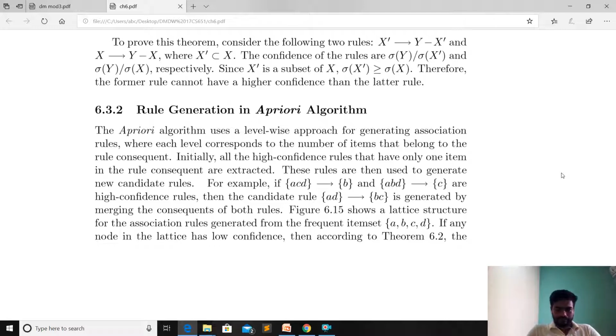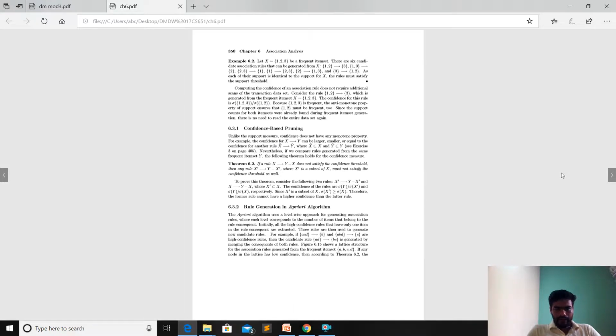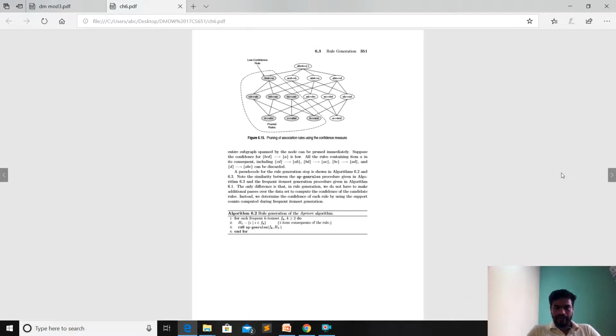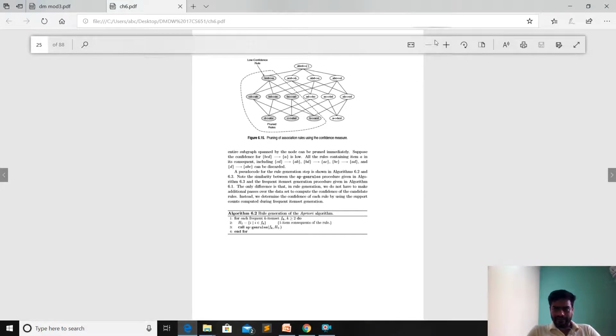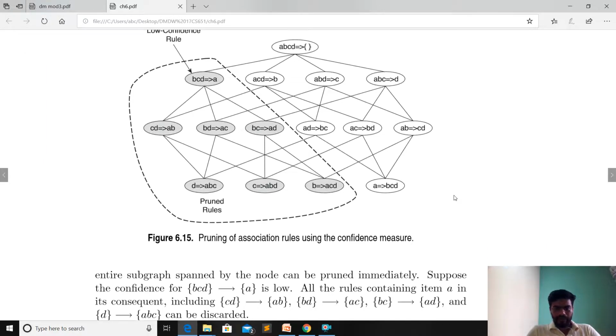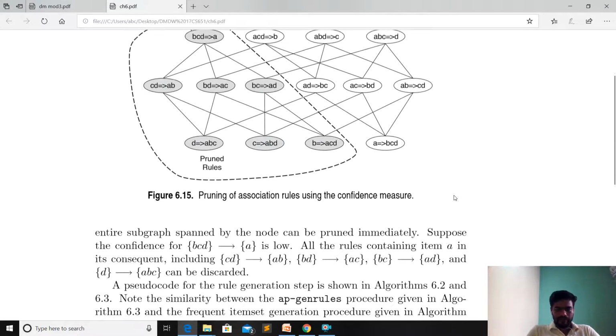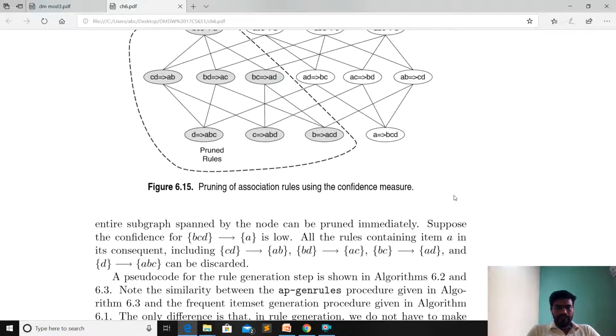Okay, so we will see the lattice structure over here. Let us take this lattice structure. Here we have taken ABCD, and this is the pruning of the association rule using the confidence measure. Suppose the confidence of BCD → A is low.